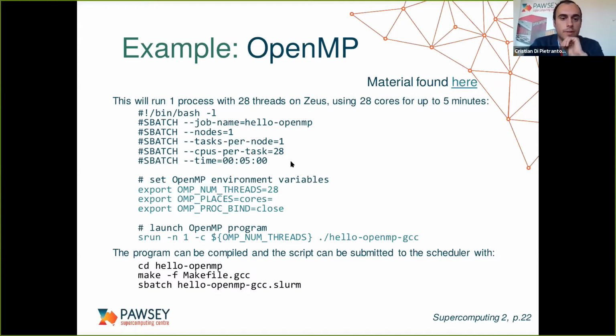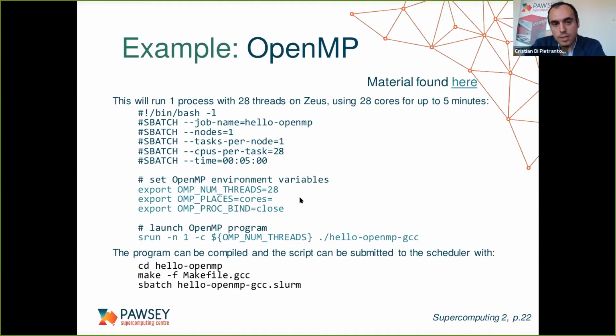The first part of the script is essentially similar to the last one, except that we now request a core for each thread. So we specify CPUs per task, 28, so 28 CPUs per process. Then in the second section, we set some environment variables that are used by the OpenMP framework.